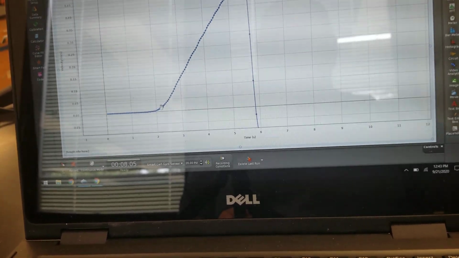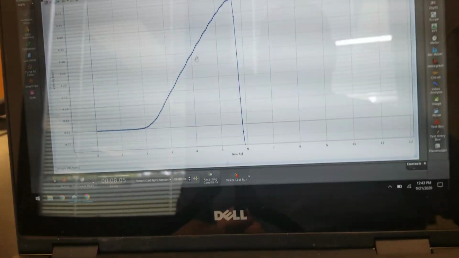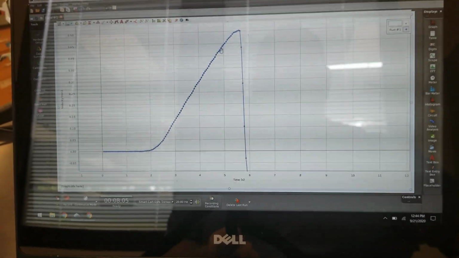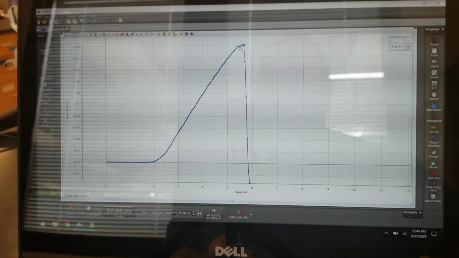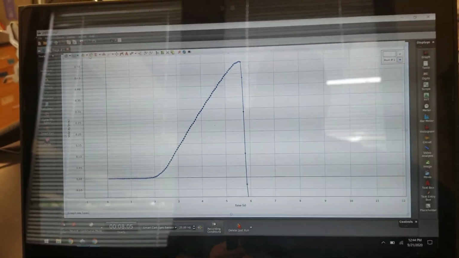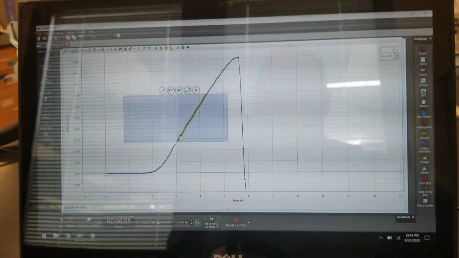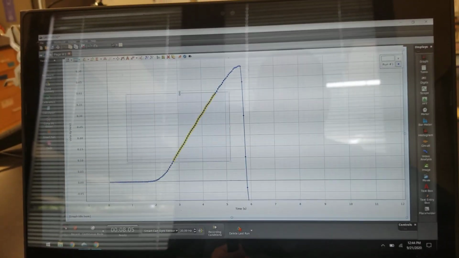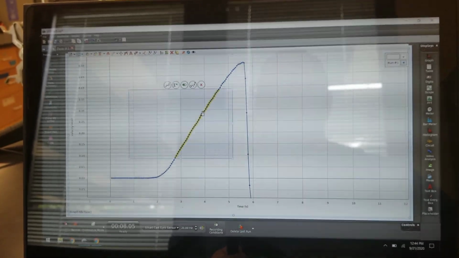So we're not going to do anything with that part. Here at the end, you'll notice that it kind of has an opposite shaped curve. As the fan is turning itself off, that velocity starts to level out. So what we're going to do is choose just the part in the middle where the force exerted by the fan is constant, and therefore the acceleration is constant.